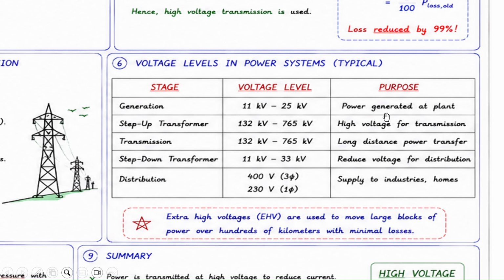This is the high voltage that is responsible for reducing the current, and it will be between 100 to 700 kV depending on the distance. For long distances, the voltage will increase, and when the electrical power reaches the destination, we use a step down transformer to reduce the voltage again.